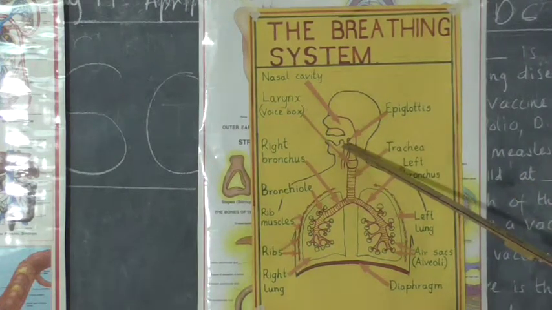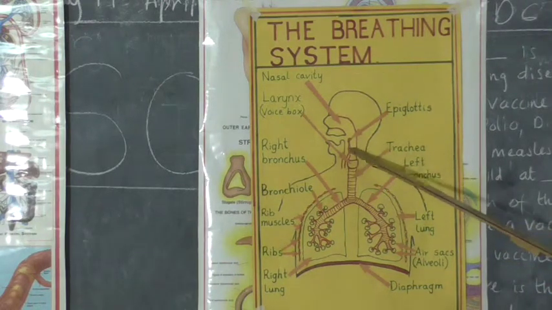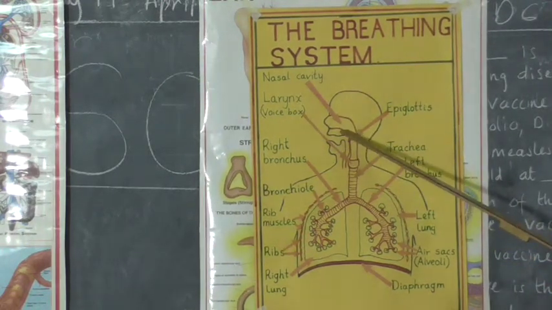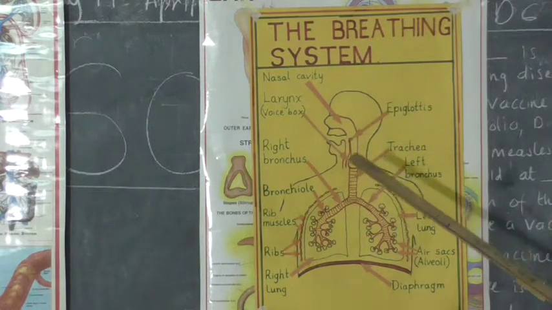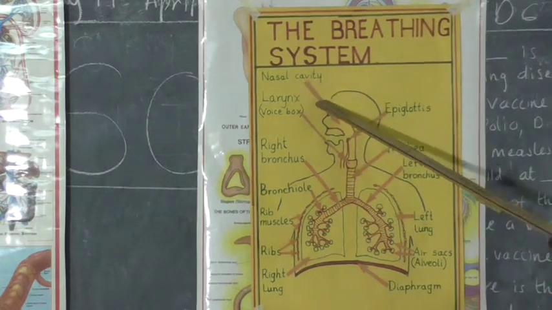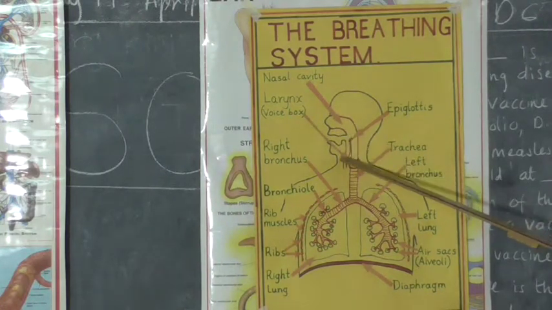Carbon dioxide, like we had learned initially as well, is 0.03%. Water vapor is 1%. And rare gases are 1% as well. All that 100% is taken into the body of the human being through the nasal cavity.